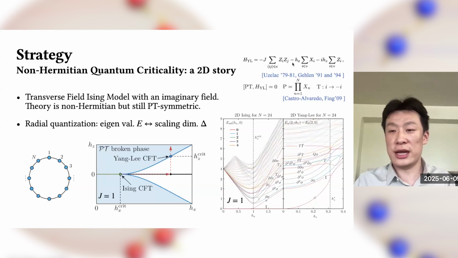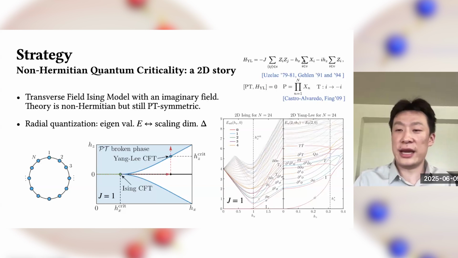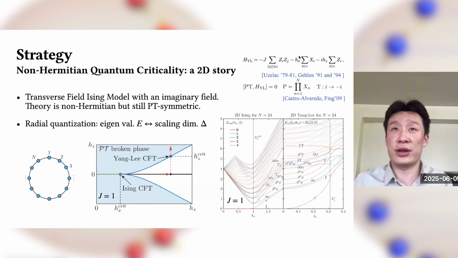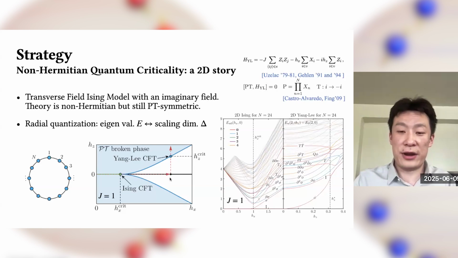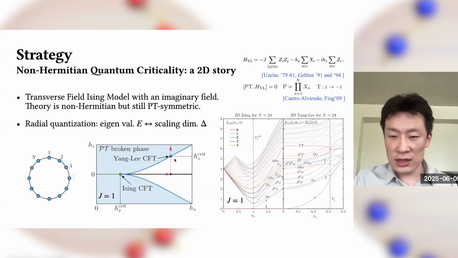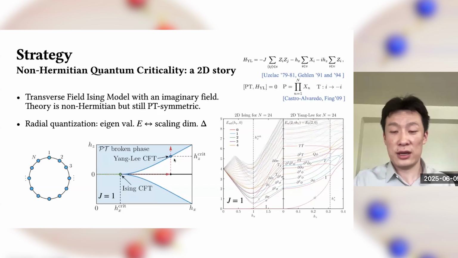What we do is normalize the hopping term to 1, and then take the transverse field in the Ising model parameter beyond the critical coupling, and end up at the paramagnetic phase. Then starting from that, we increase the imaginary longitudinal field until we hit the critical point.